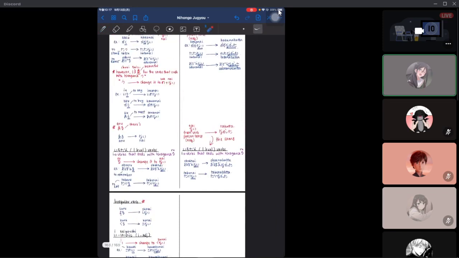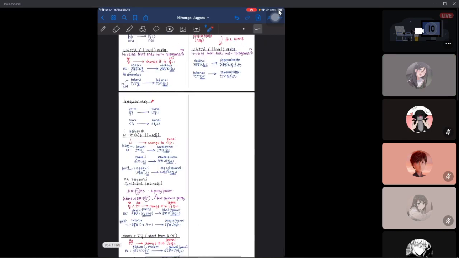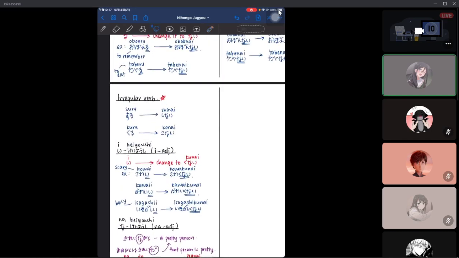Basically, it's just the same as how you do this one. You take the present negative form and you just change it to nakatta. The same goes for irregular verbs.